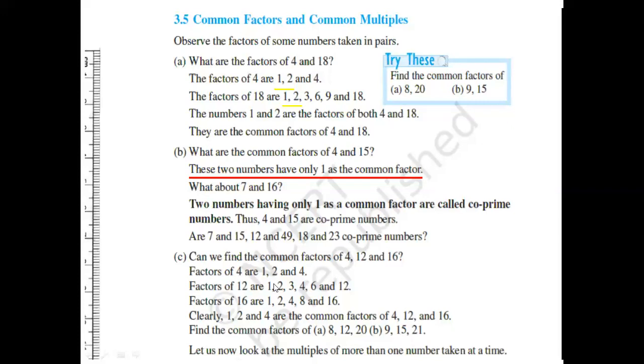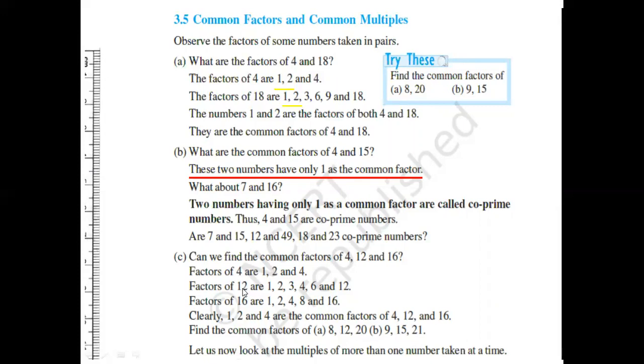First, let us see the common factors of 4, 12 and 16. Factors of 4 are 1, 2 and 4. Factors of 12 are 1, 2, 3, 4, 6 and 12. Factors of 16 are 1, 2, 4, 8 and 16. So again, you find the common factors of 4, 12 and 16. 1, 2 and 4 are common.